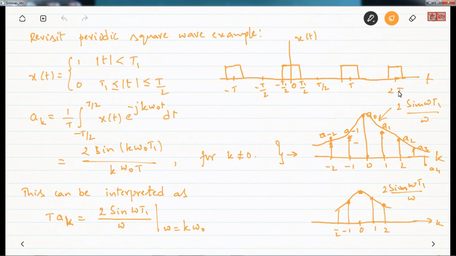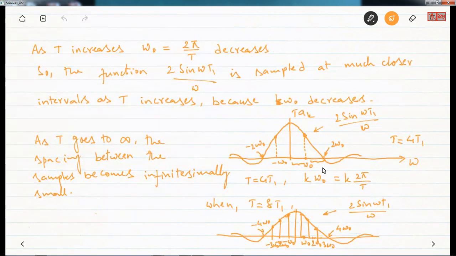We found the Fourier series coefficients of this signal for a fixed period t, and then did an experiment on what happens when t goes to infinity. When t goes to infinity, these Fourier series coefficients come closer and closer. They become so closely spaced that it becomes a continuous function. The Fourier series is no longer a Fourier series, but becomes a Fourier integral.